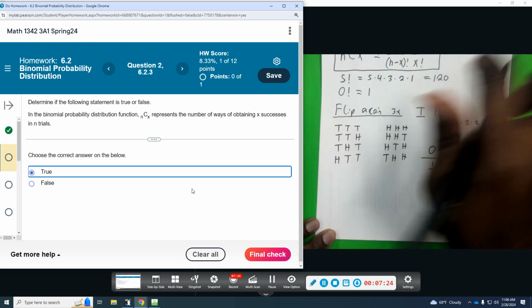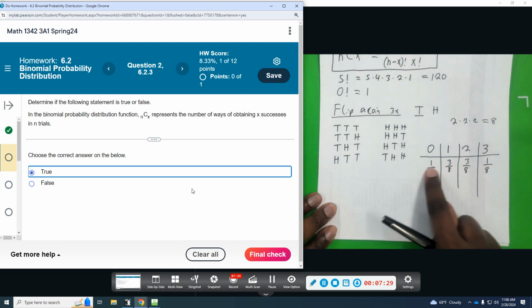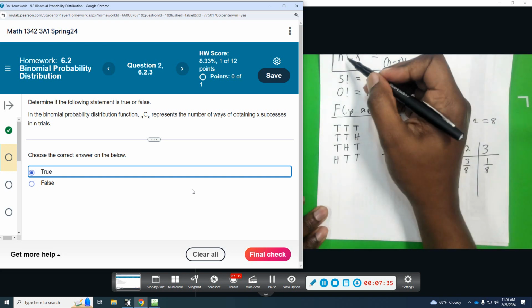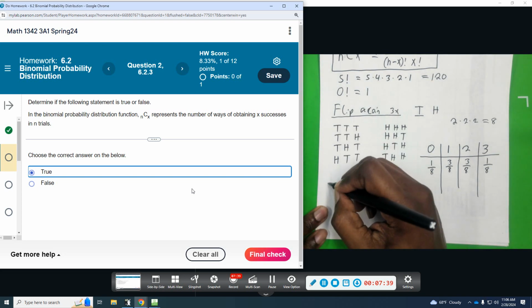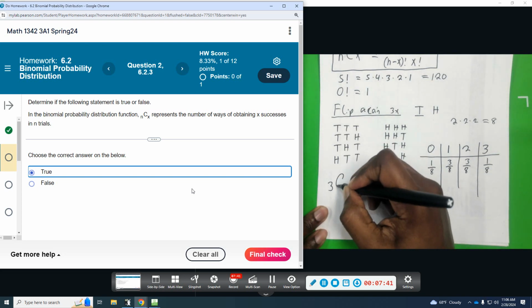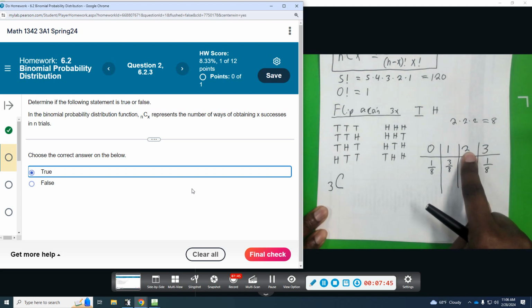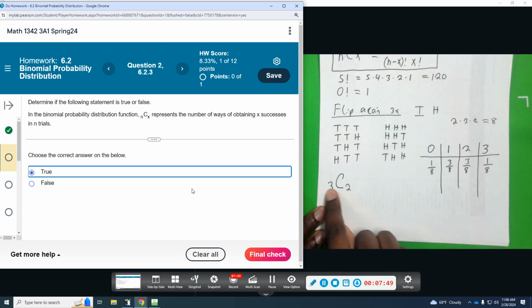Now I want to use this formula to show you how to come up with these numbers: 1, 3, 3, and 1. It's going to give me the top. I'm not worried about the 8, but just the top number is what I'm looking for. So if I have 3 trials, because I flipped this coin 3 times, I would do 3 combinations of, let's say we want to find how many ways I would get 2 tails when I flip a coin 3 times.